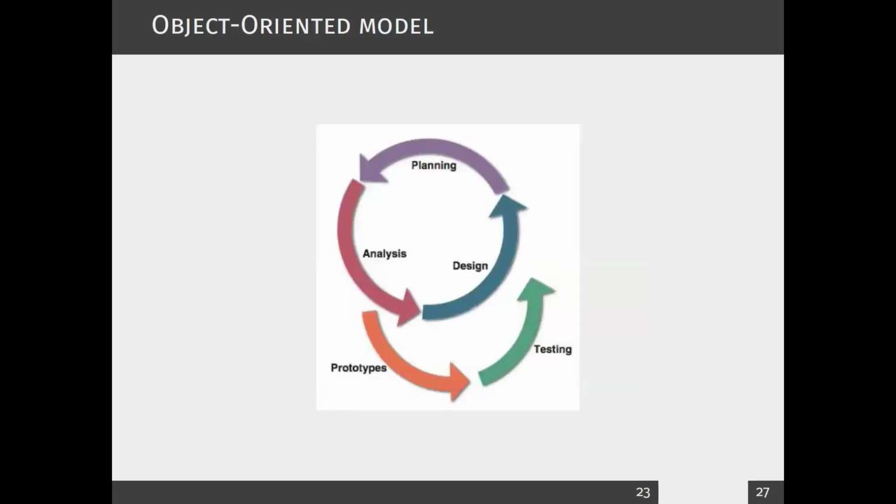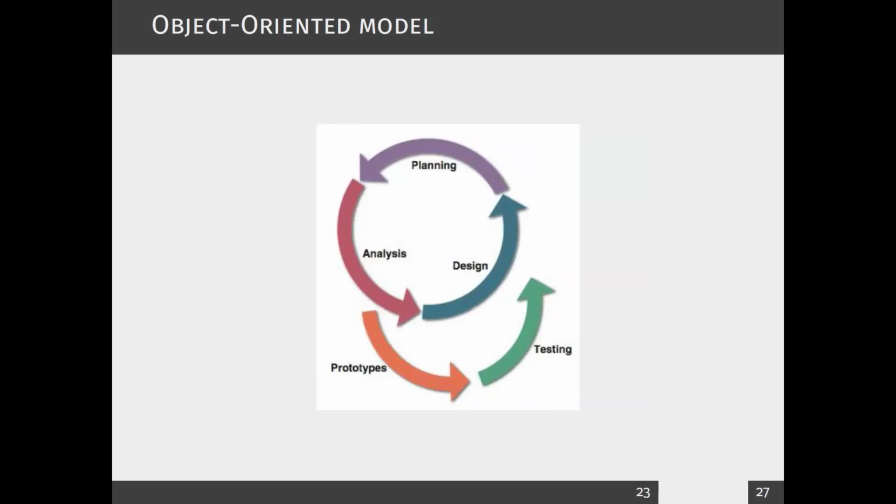Right. Next is how you develop object orientation. Usually you will see an iterative process, not like in a flow chart. So a flow chart goes from one step to the last step without any changes.